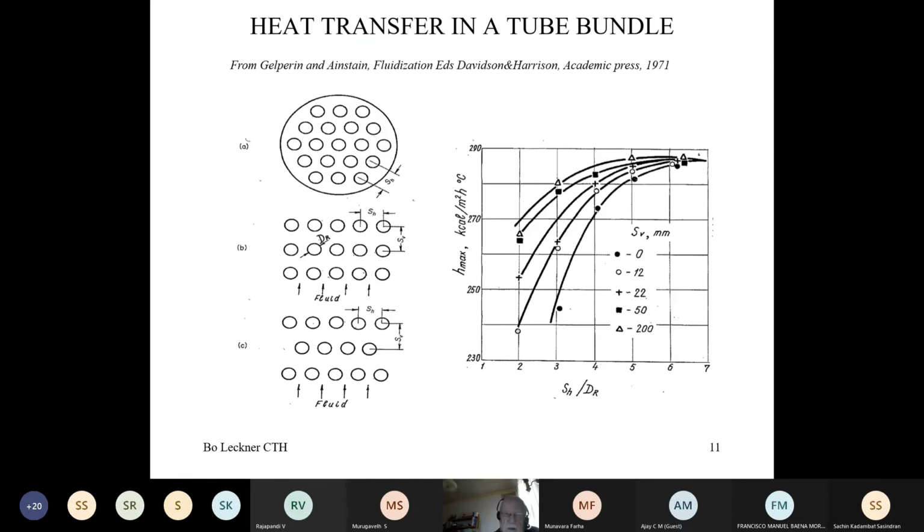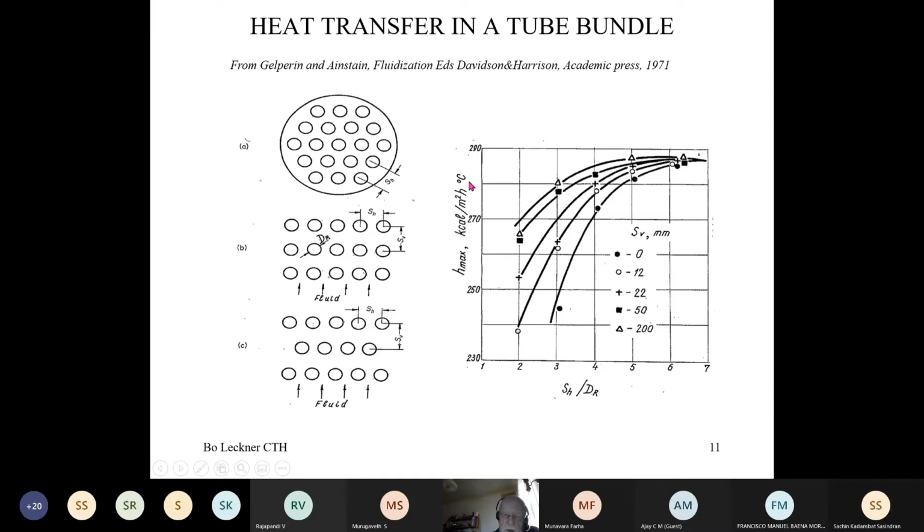I would like to say that most of the heat transfer correlations that you will see are taken for a tube in the fluidized region of a fluidized bed. But in heat exchangers, tubes are usually packed in some way, in a linear arrangement or in a staggered arrangement. And then there is an influence between the tubes that is illustrated here.